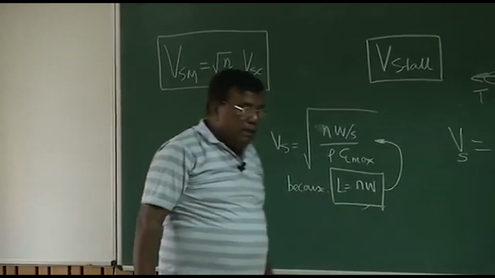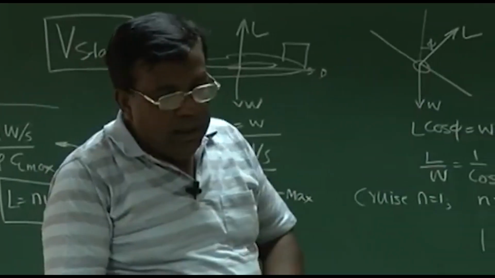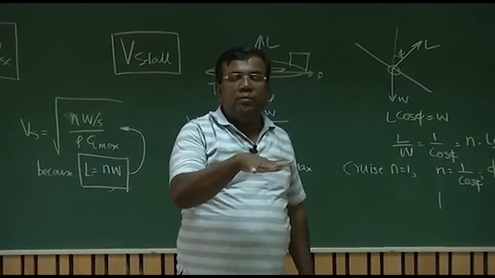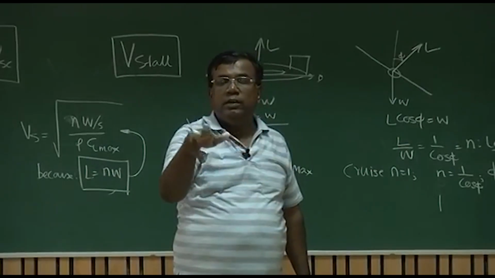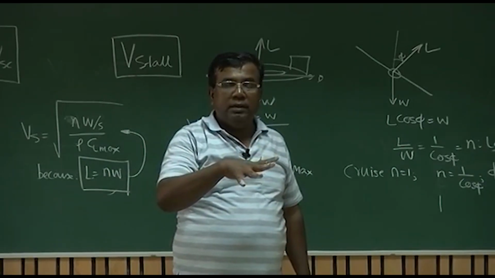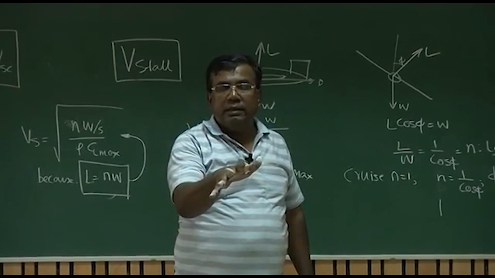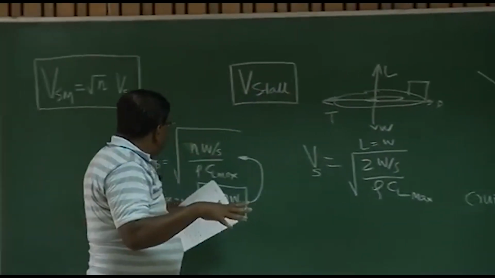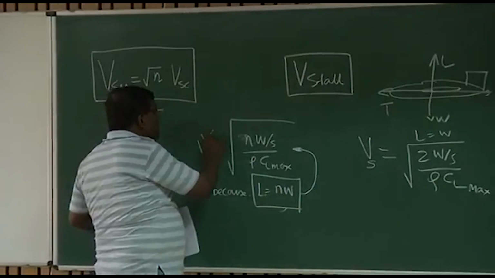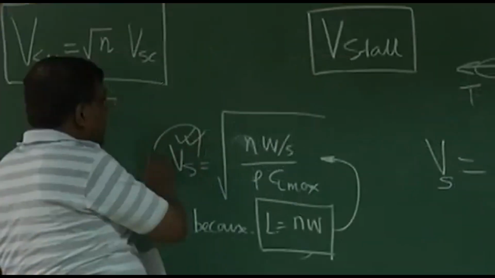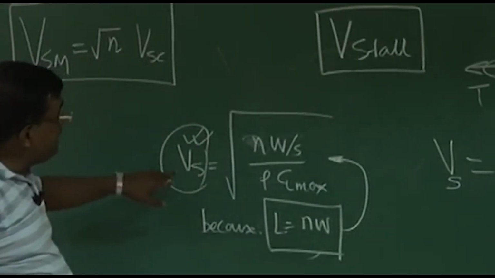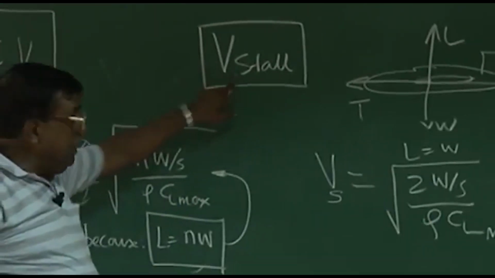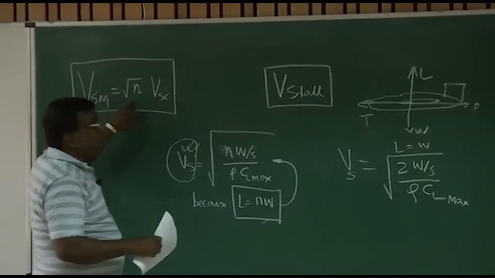Let's try to understand this physically. Suppose the pilot is going like this, and there is some necessity for him to turn like this, go this way. So what does he do? He banks, and then he turns like this. Now, as per this relationship, the minimum speed should be more than the classical Vstall speed. By how much? By root of n.